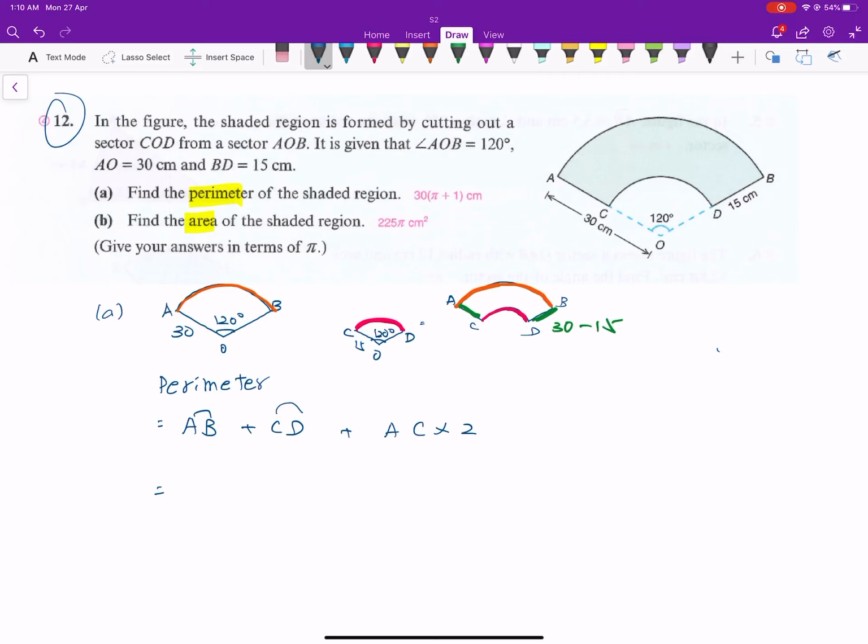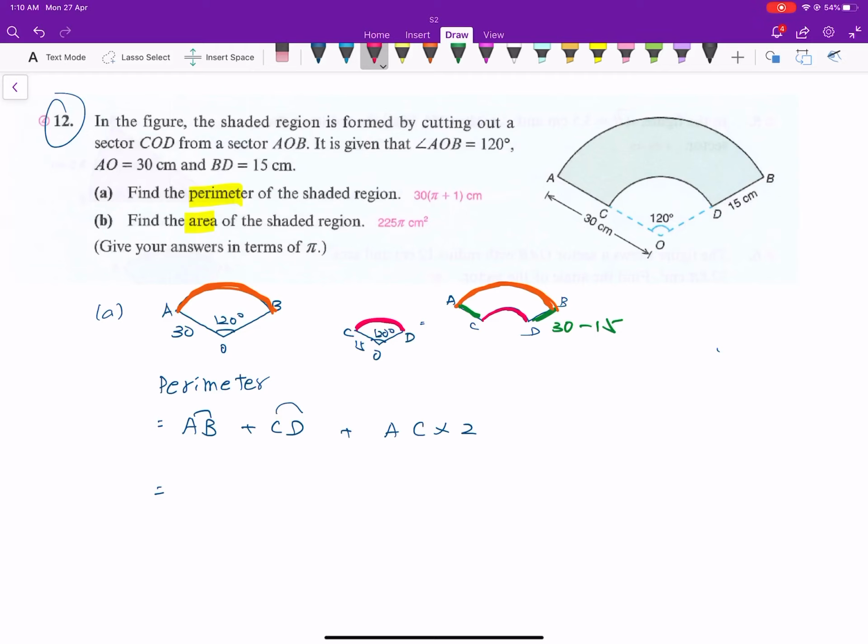Part A, we are looking for the perimeter. That means we have 4 parts of length. This one is the arc length of the larger sector OAB.